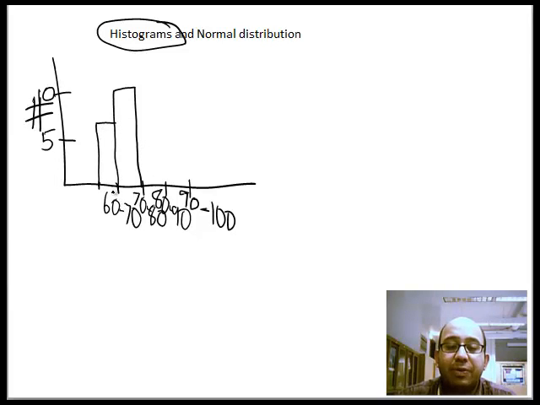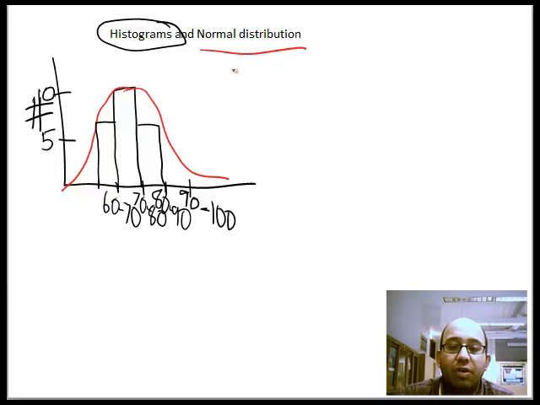We have about 7 people who got between 60 and 70, and 7 people between 80 and 90. If you fill this kind of curve out, it should look like a bell curve, or as we call it, a normal distribution. Okay?